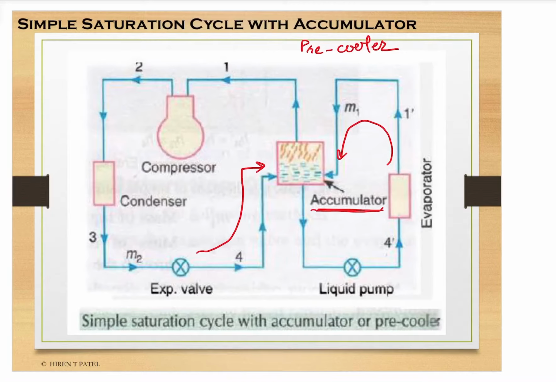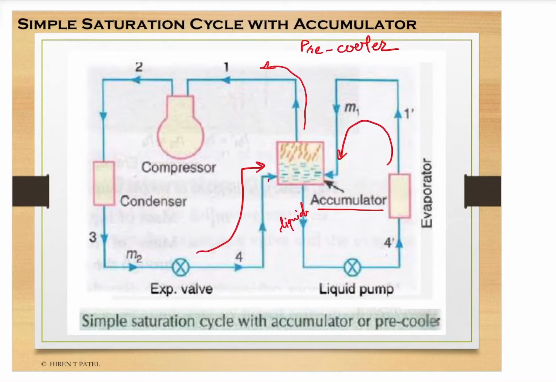So the amount of flash generated after the expansion is also removed, and only liquid is transferred to the evaporator. The flash, or we can say vapor, that is generated is directly transferred to the compressor.